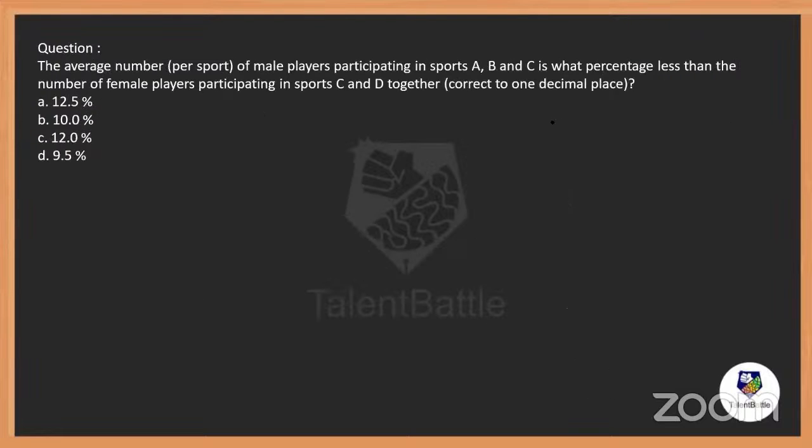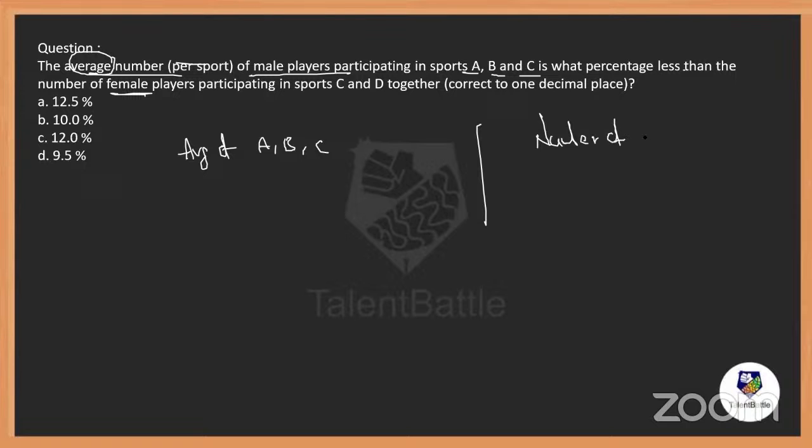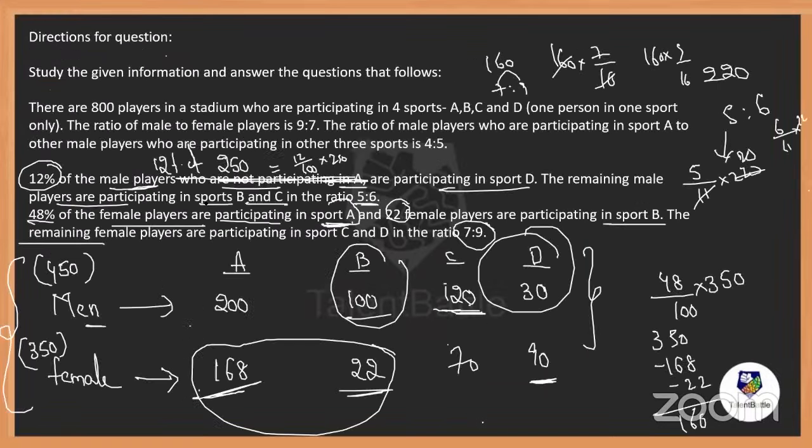Okay, so there is one more. Let's see this. They are asking average. Average of male participants A, B, and C is how much percentage less than the number of females in C and D together. This is average. Average means what should I do? A, B, and C. How many male? 200, 100, 120.